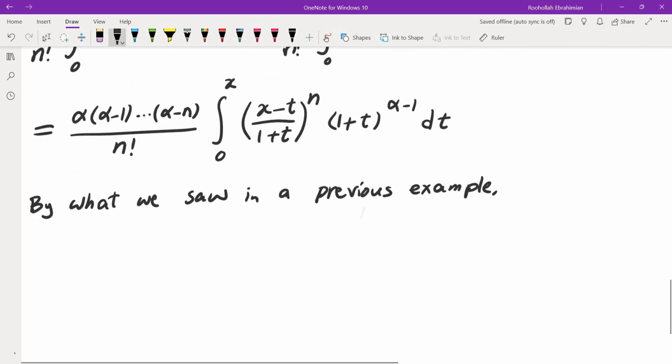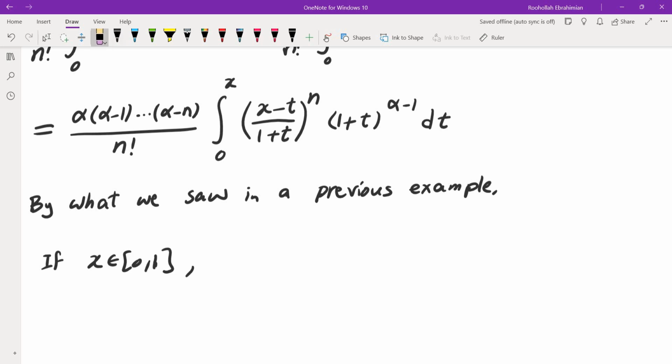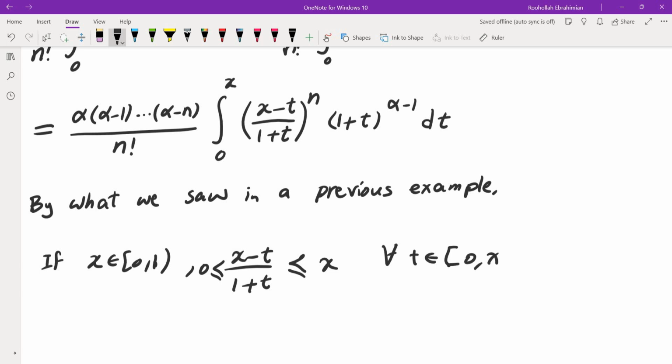This is really identical to that. If x is between 0 and 1, excluding 1, (x−t) over (1+t) is greater than or equal to 0, less than or equal to x for all t between 0 and x.